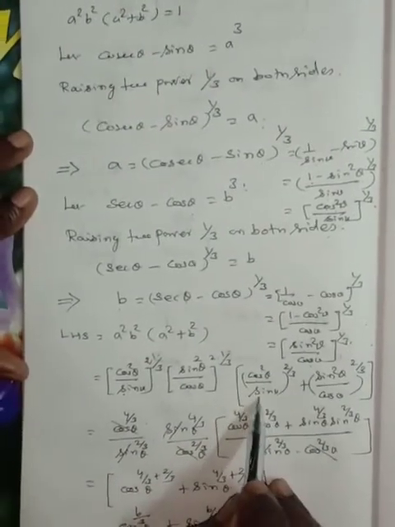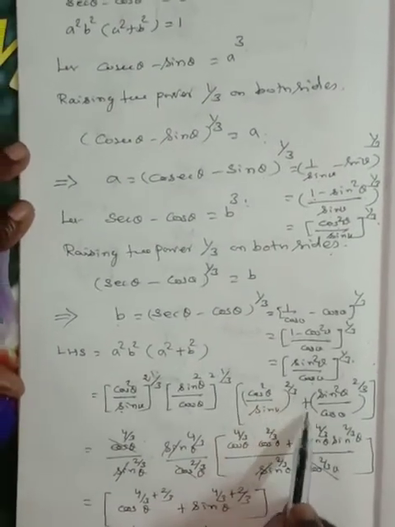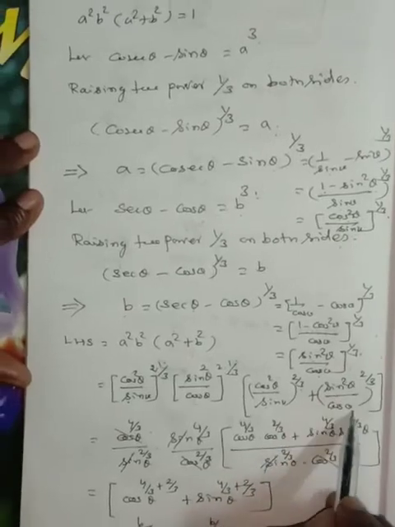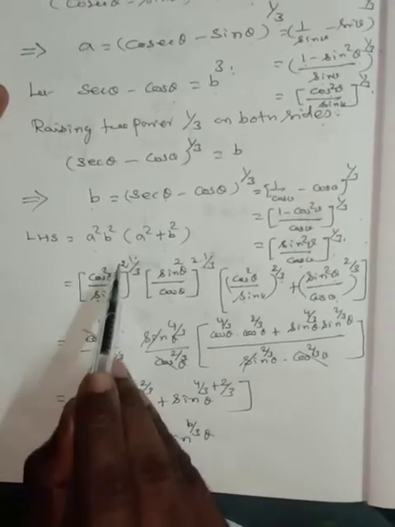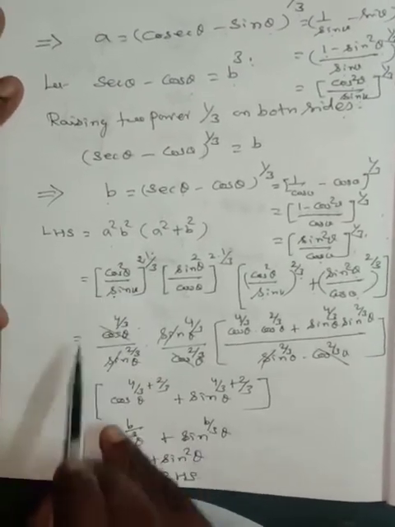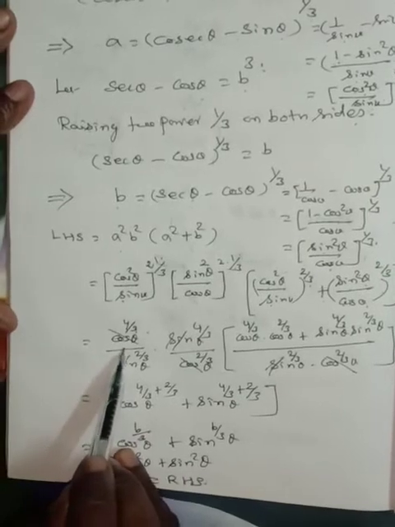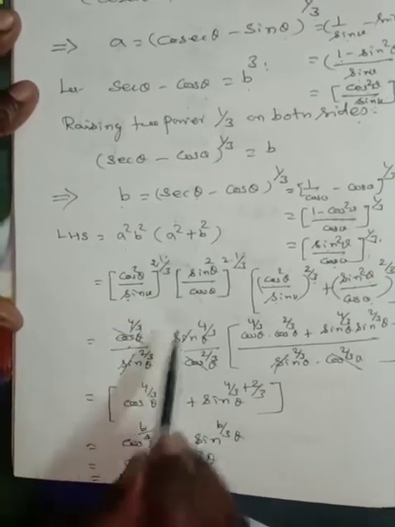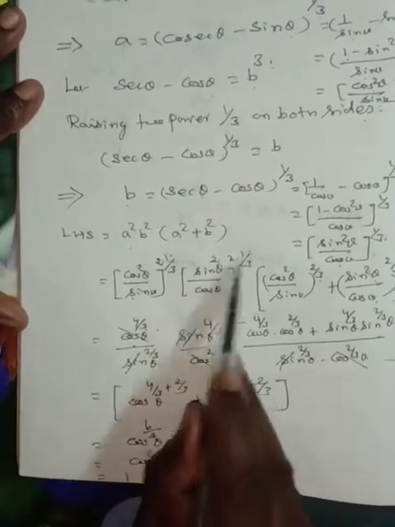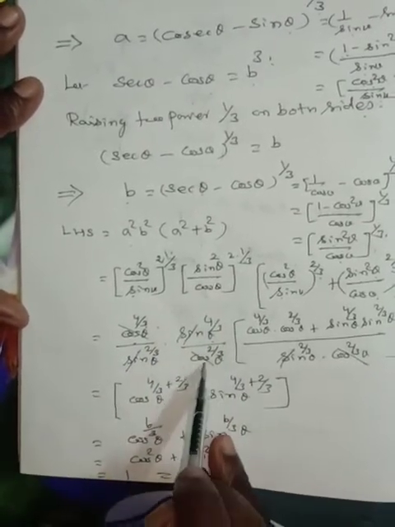Cos square theta divided by sin theta whole to the power of 2 by 3 plus sin square theta divided by cos theta whole to the power of 2 by 3. Now the first part can be written as 2 by 3 into 2 is 4 by 3, cos power 4 by 3 divided by sin power 2 by 3, plus sin power 4 by 3 divided by cos power 2 by 3 theta.